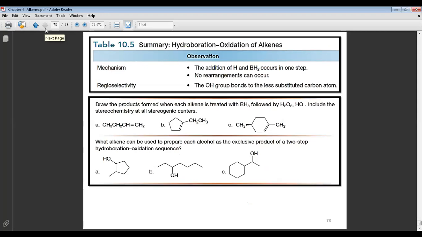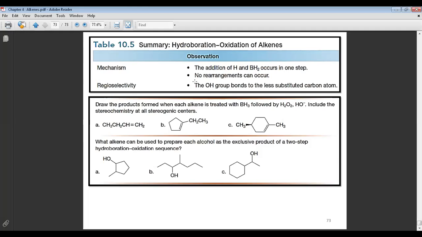Now, look, in the hydroboration oxidation of the alkene, the addition of the hydrogen and BH2 occurs in one step. There is no rearrangement. Why no rearrangement? Because there is no carbocation, students. Regioselectivity, yes: the OH group bonds to the less substituted carbon.